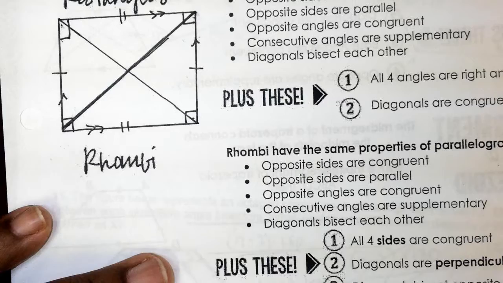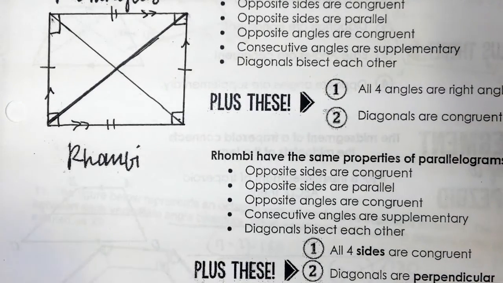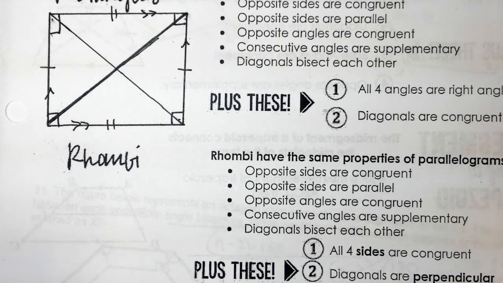First diagonal was a little wonky. My bad. So the diagonals, draw them in, they bisect each other, so they cut each other in half.